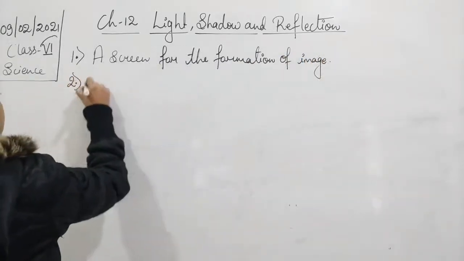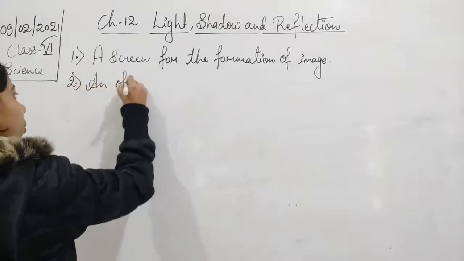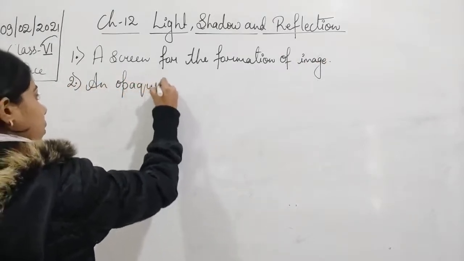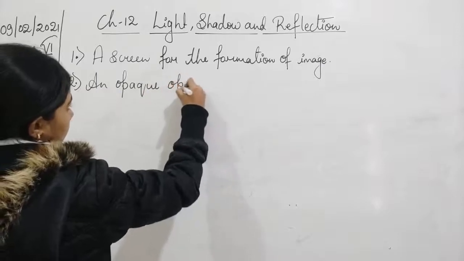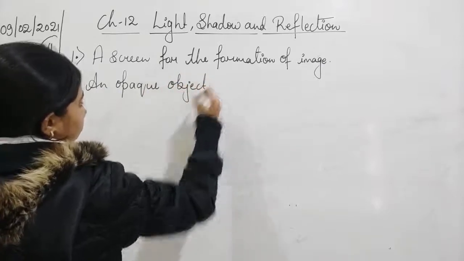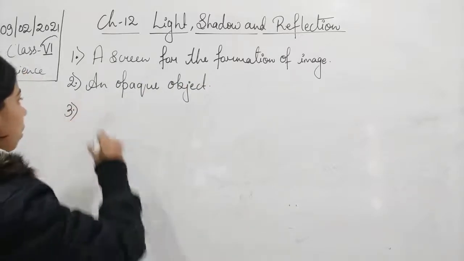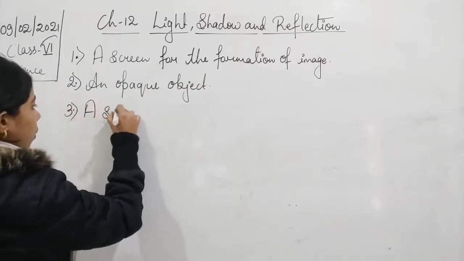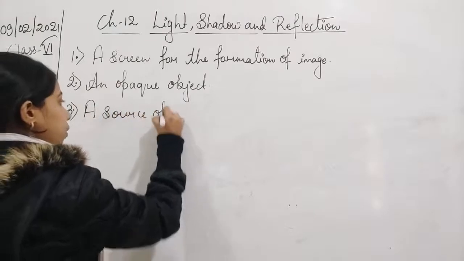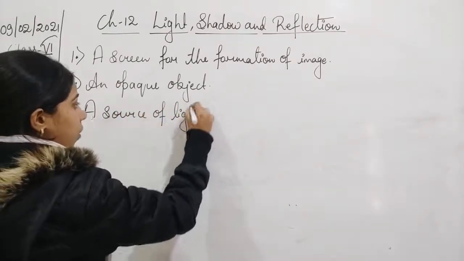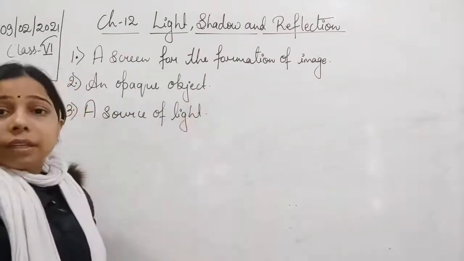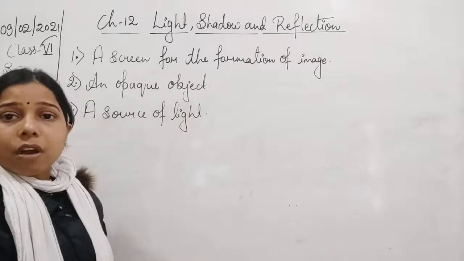The second one is an opaque object. Then the third one is the source of light. So these are the three important things which are necessary for the formation of a shadow.